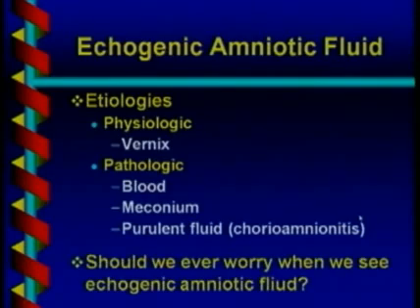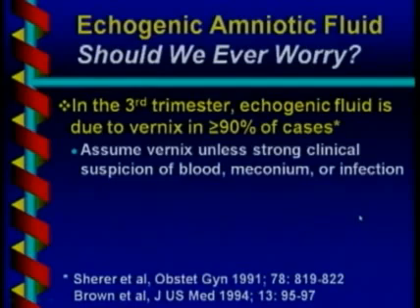So the key question to address is, should we ever worry when we see echogenic amniotic fluid? Well, here are results of a couple of studies that have been done. In the third trimester, echogenic fluid is due to vernix in well over 90% of cases.